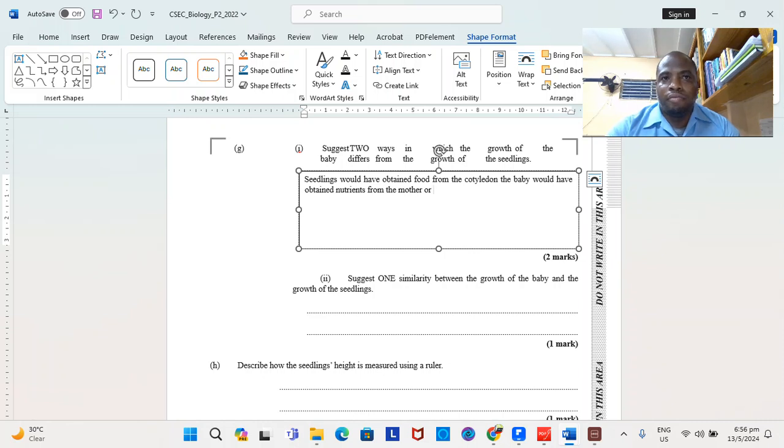So whether baby feed. So that is where you have that difference in terms of how they obtain their nutrients for growth.